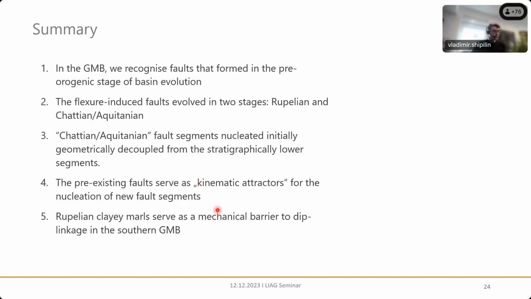The Rupelian clay marls thicken towards the southeast, and around the area of Geretsried we have quite thick Rupelian clay marls, and there we do not observe the coalescence of the upper segments with the lower segments, which we do observe in the central part of the German Molasse Basin.